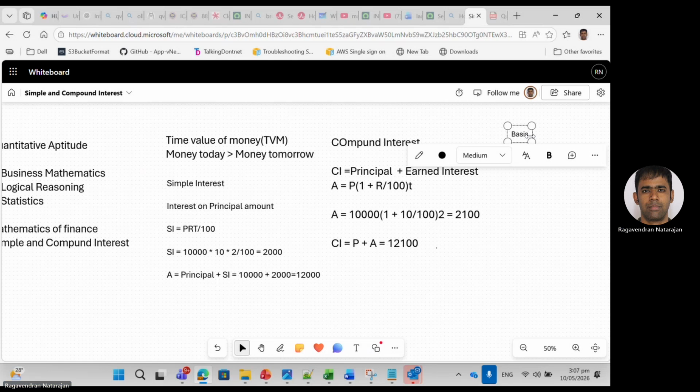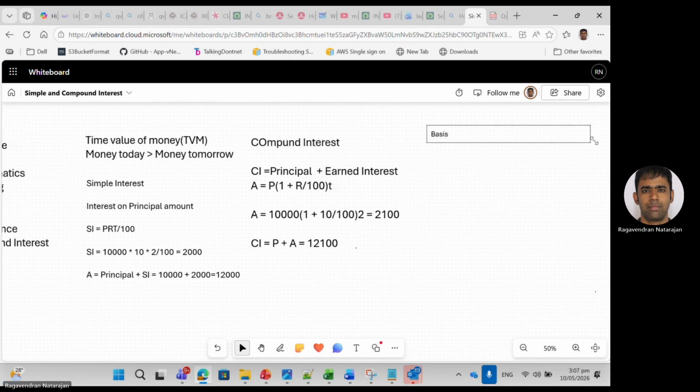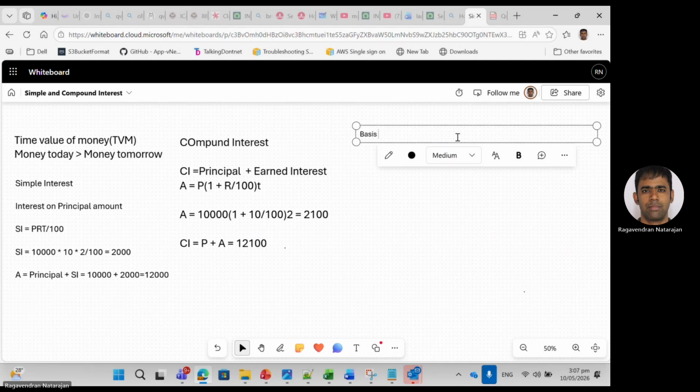Basis: simple interest and compound interest.